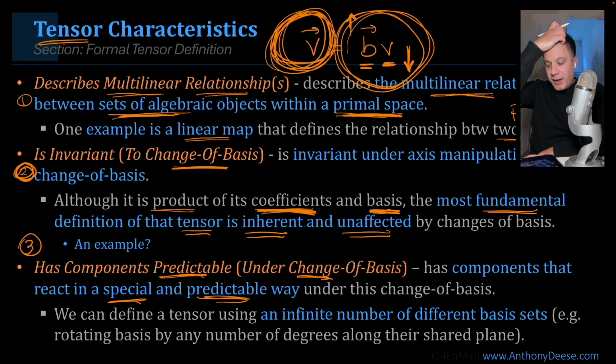So we can define a tensor, right, using any infinite number of different basis sets. We already saw this by our example where we have the decline in the ground, right? We can define an infinite number of theta values of inclines or declines of that ground, which would change the observer's point of view.